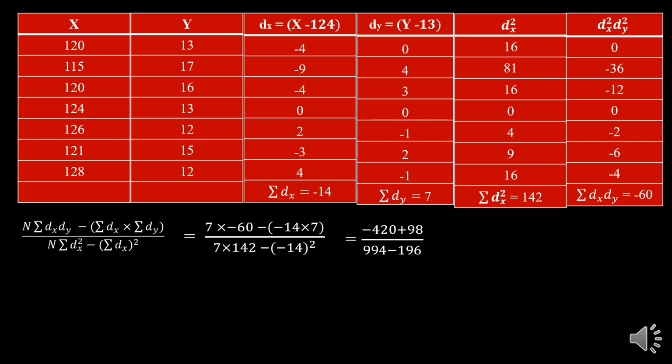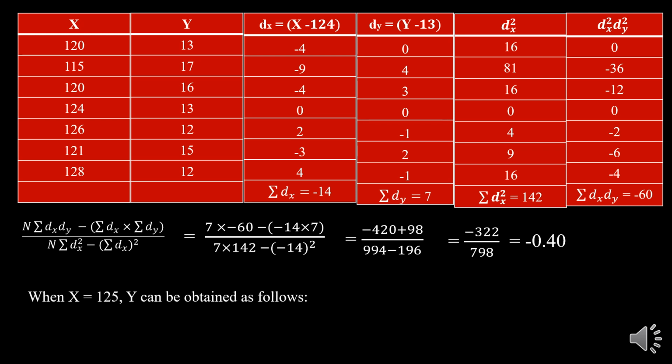In the next step it comes like this: minus 112 plus 98 divided by 994 minus 196. In the next step we get minus 14 divided by 798. Therefore the final answer is minus 0.40.